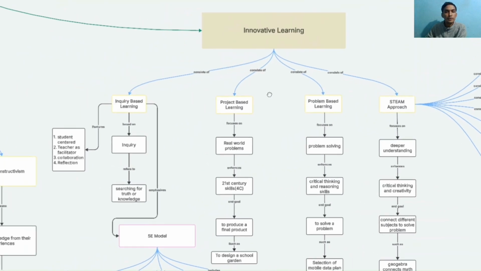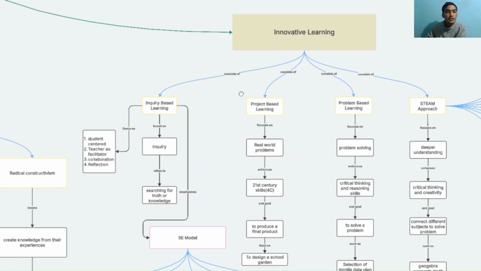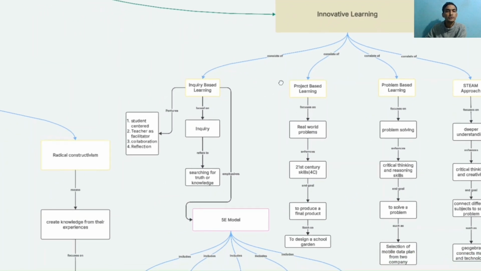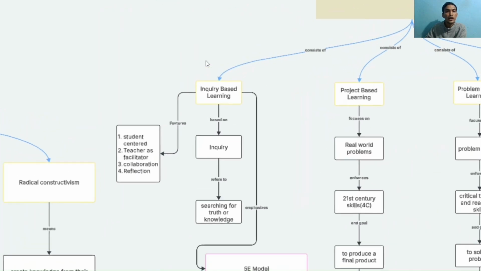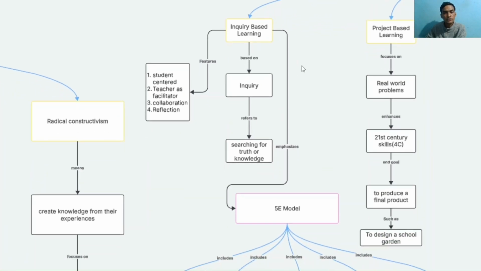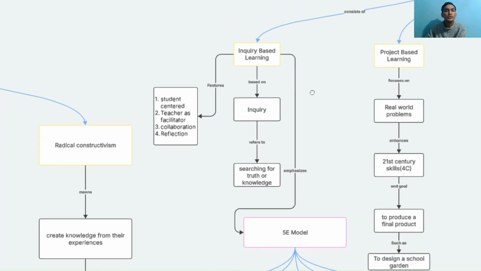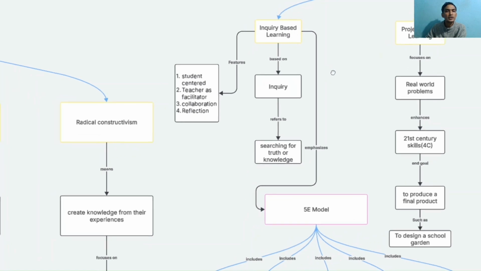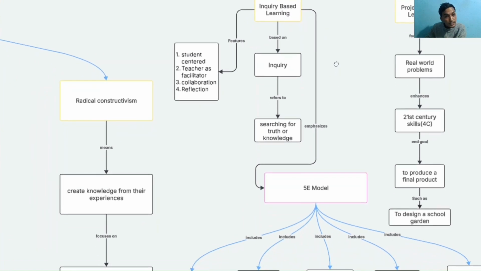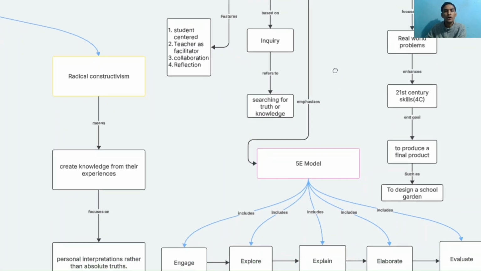And now innovative learning. Innovative learning consists of inquiry-based learning, project-based learning, problem-based learning, and the STEAM approach. Inquiry-based learning is based on inquiry, which refers to searching for truth or knowledge. The features of inquiry-based learning are that it is student-centered, with the teacher as facilitator, collaboration, and reflection also.